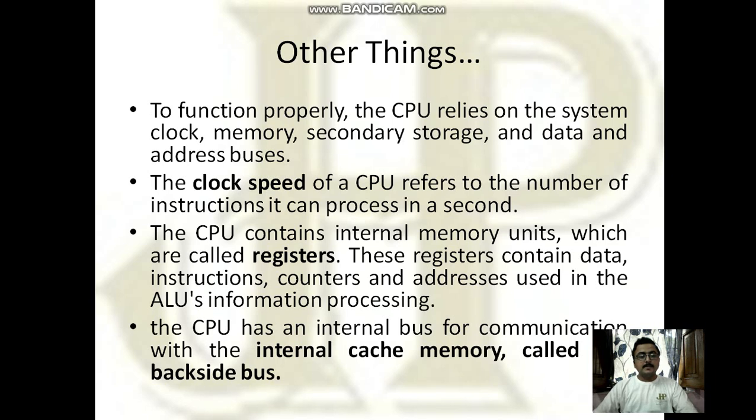The CPU contains internal memory units, which are known as registers. CPU has a lot of registers, for example, stack register and many more. These registers contain data, instructions, counters, and addresses used in the ALU's processing.